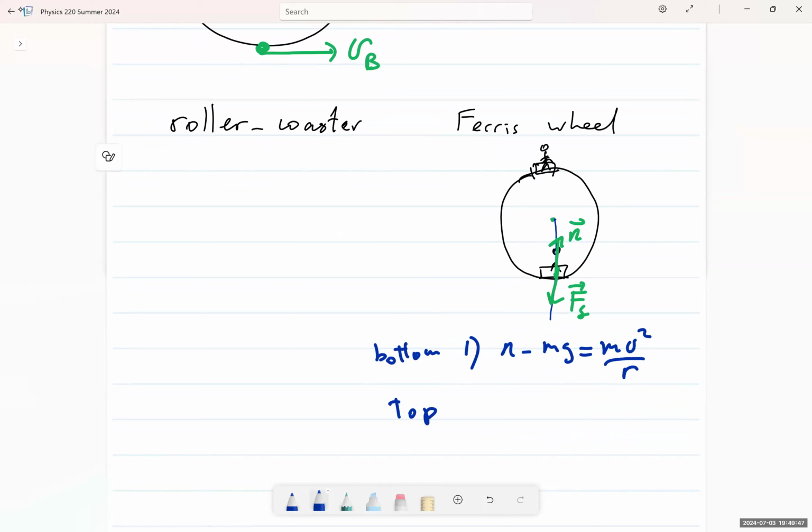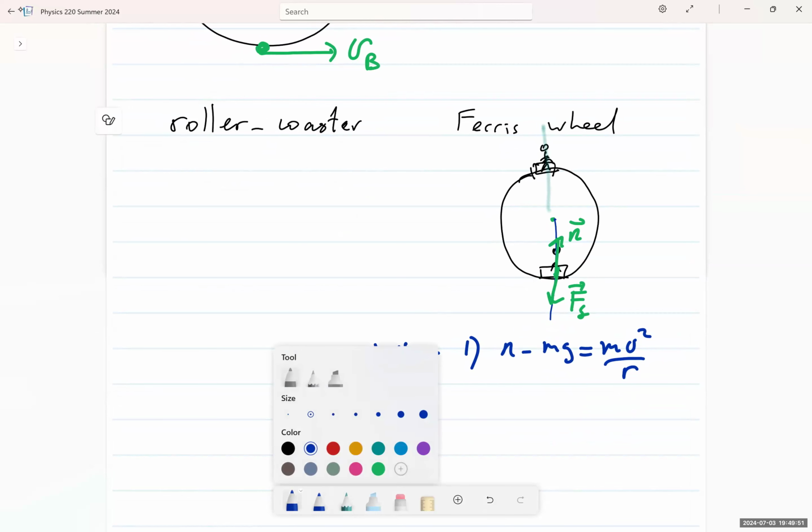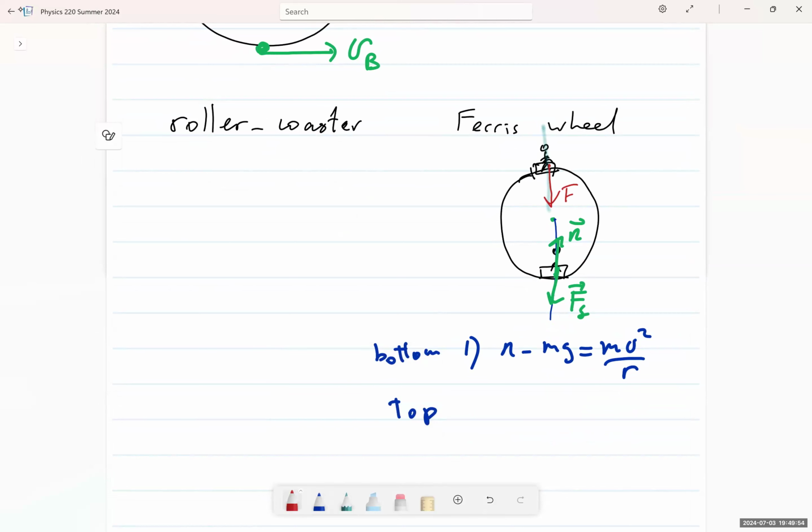At the top, you have things reversed. So you have gravity toward the center and normal force up. They're still in opposite directions, but this is mg minus normal force equals mv squared over r. So the normal force value changes, right?